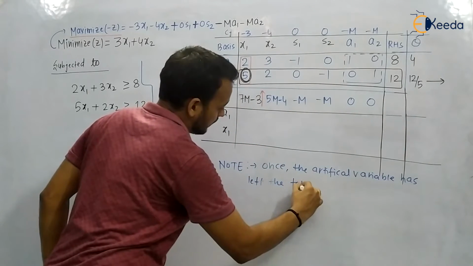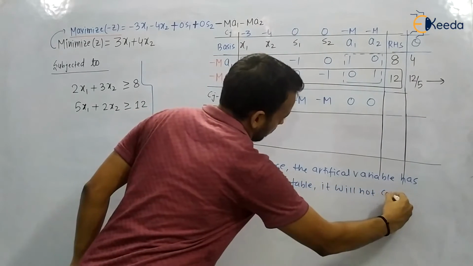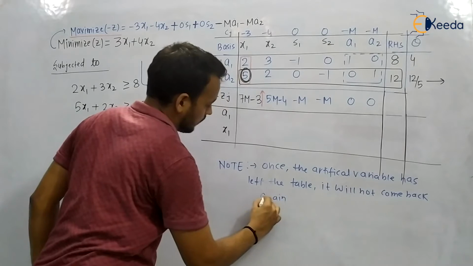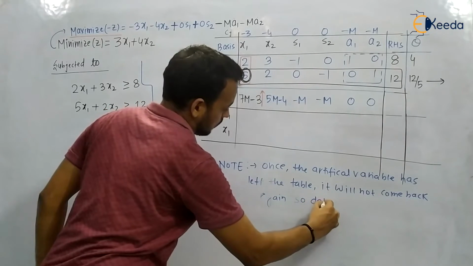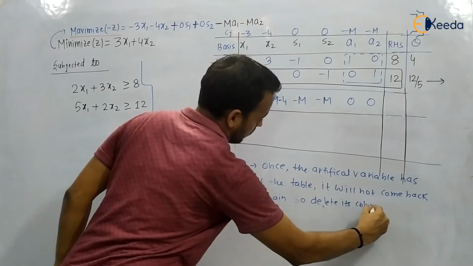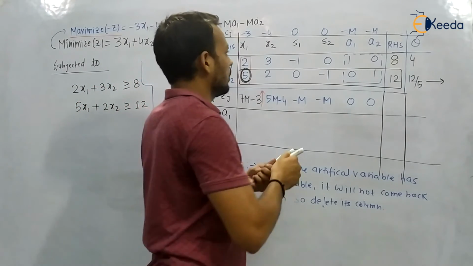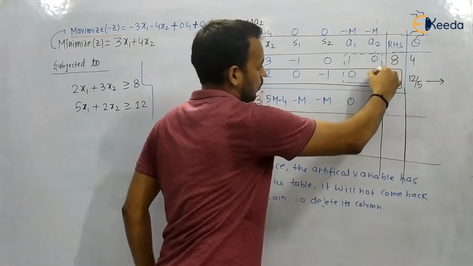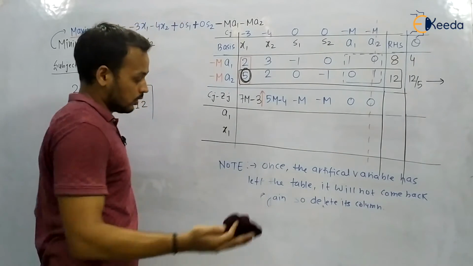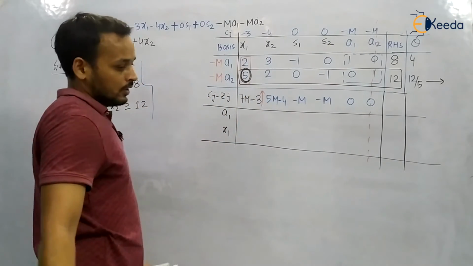Once the artificial variable has left the table, it will not come back again. So delete its column. Since the artificial variable has left the table, it is not going to come back again, so you can delete the column of A2. It is one of the objective questions of ESE, so just remember it. The artificial variable once left will not return, so you can just delete it.